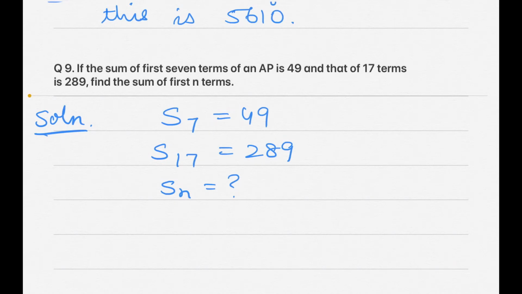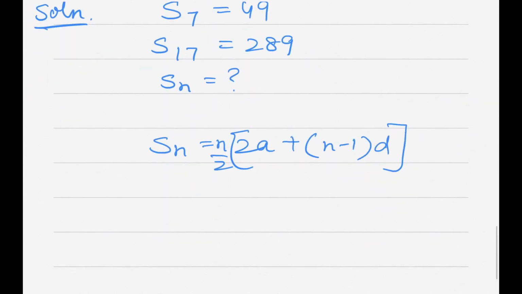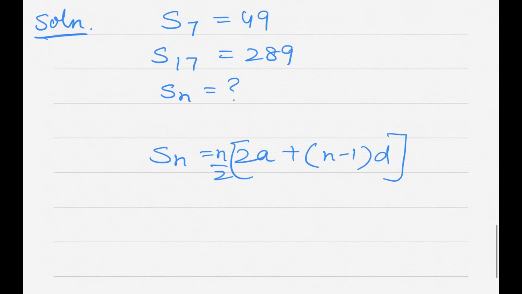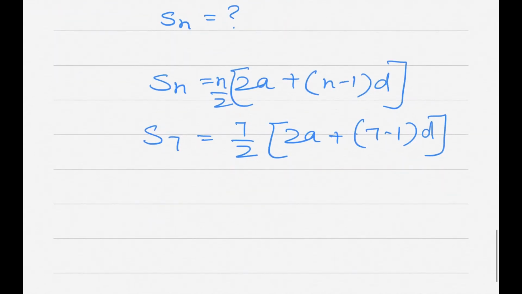Now the sum of n terms formula is n by 2 into 2a plus n minus 1 into d. So the sum of 7 terms is equal to 7 by 2 into 2a plus 7 minus 1 into d.